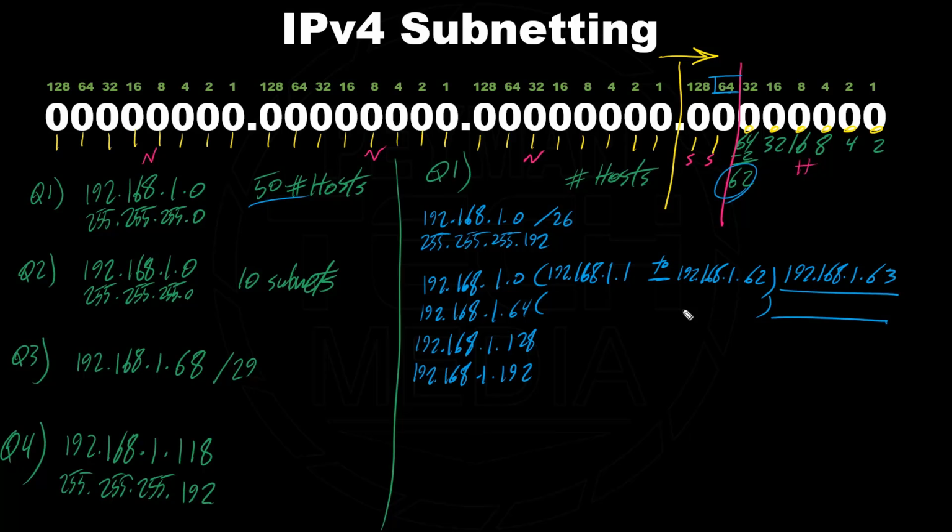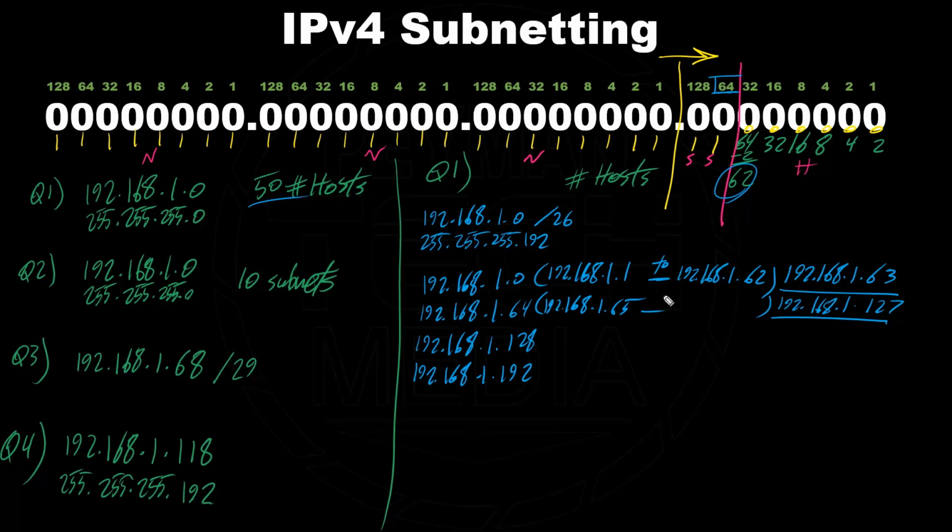The broadcast address for this subnet would be 1 less than the next one, which is 192.168.1.127. And same thing, the first usable IP address would be 192.168.1.65, since this is 64.